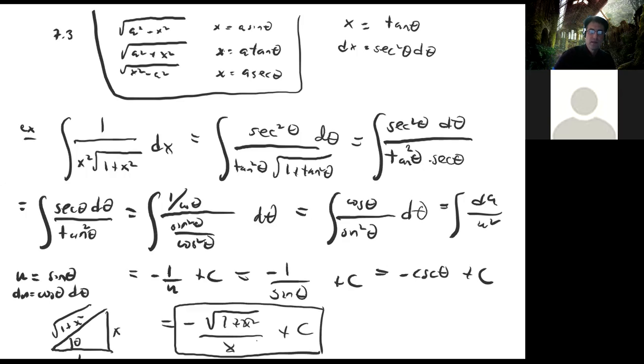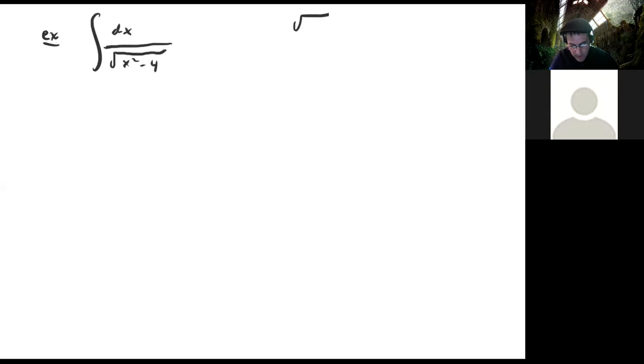Okay, very good. Okay, so for my next example, example 3, I'm going to consider the following expression: dx over the square root of x squared minus 4. So remember, this is of the type x squared minus a squared.